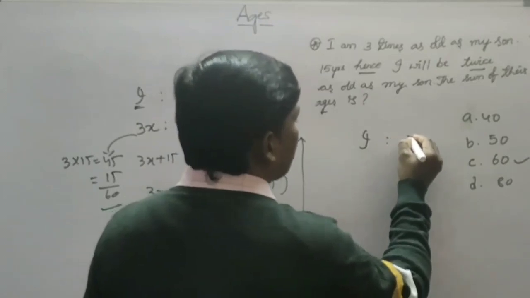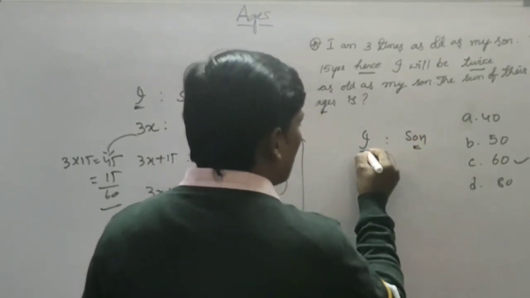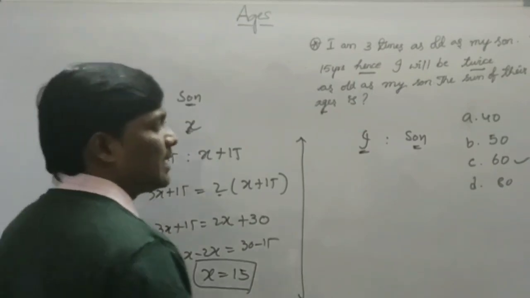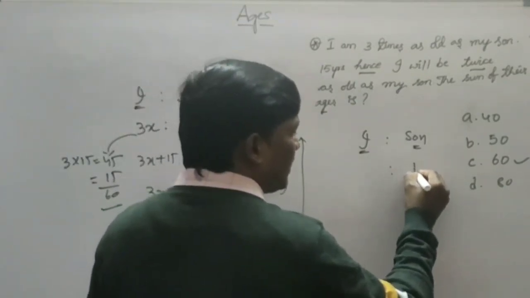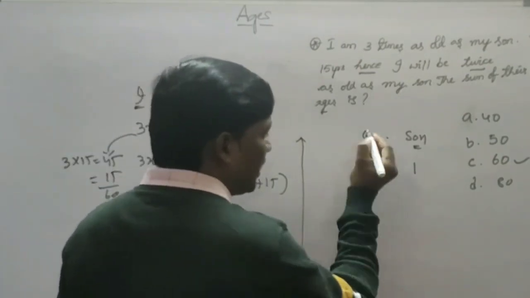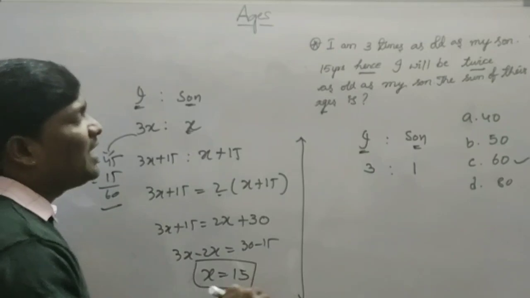So myself and my son. First step ఏంటంటే ఇక్కడ I am 3 times as old as my son అన్నాడు. మా son age నాకు తెలియదు కాబట్టి 1 అనుకోండి ఇక్కడ నేను. So 3 times అన్నాడు, 1 into 3, 3. Next 15 years hence అన్నాడు.